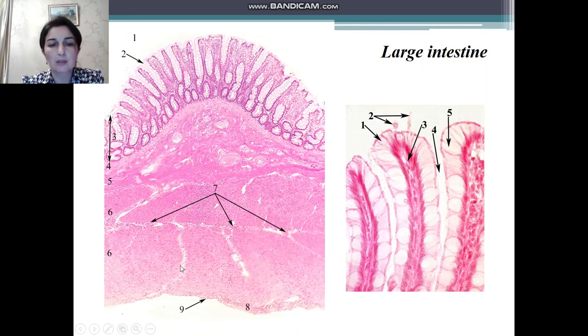Now let's look at the outer longitudinal layer of the muscularis externa. Here the cells do not form a complete outer longitudinal layer, but they form 3 ribbons, the thickened regions. They are smooth muscle cells accumulated in 3 regions, and they form the taenia coli.